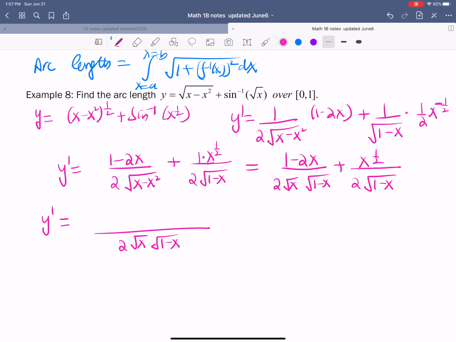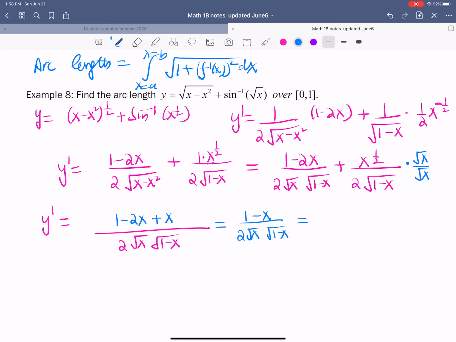The first fraction does not need to be multiplied with anything, but the second fraction does need to be multiplied top and bottom with the root x to get the common denominator. So I have 1 minus 2x plus x to the power 1/2 times x to the power 1/2, which is just x. That turns out to be 1 minus x on the top, 2 root x root 1 minus x.